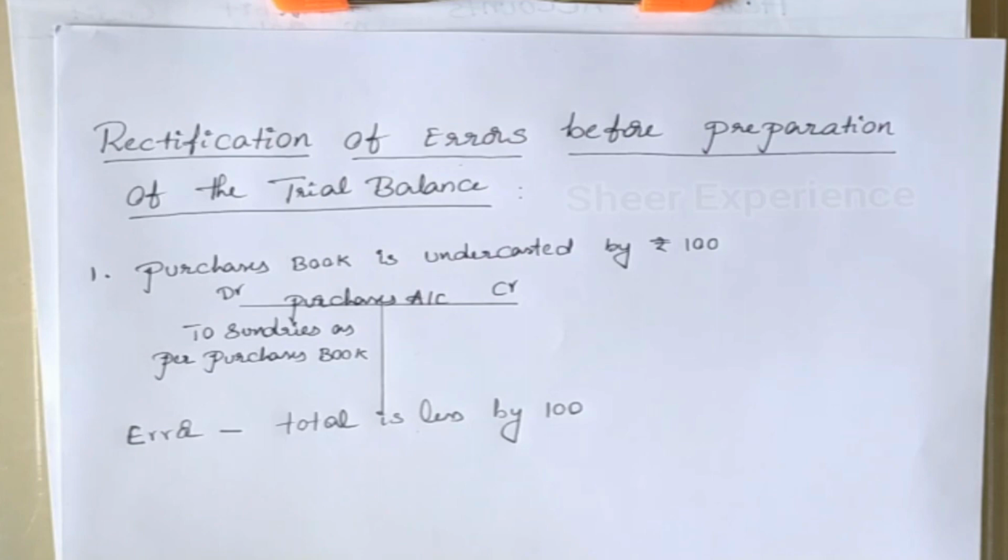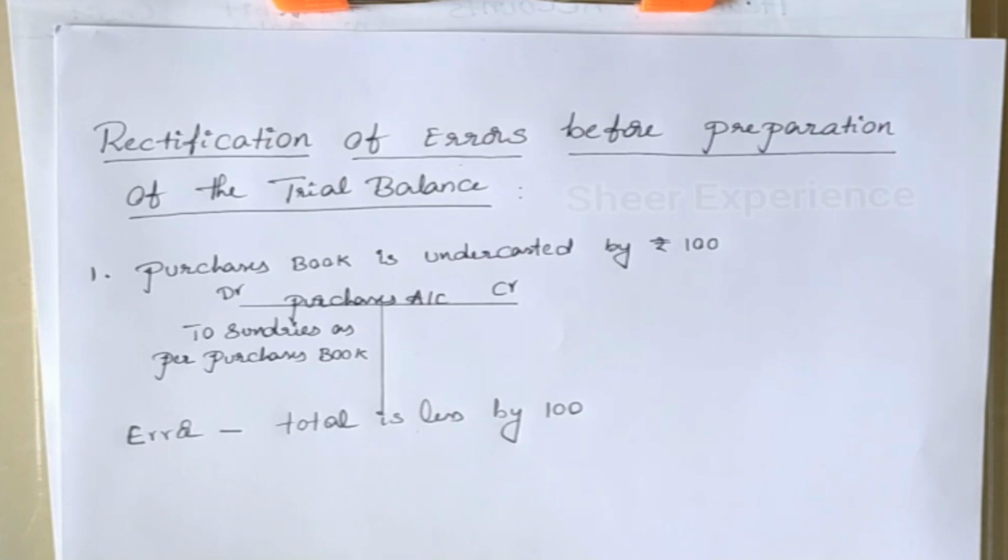In the transaction, they have not given the total balance of purchase book. For our understanding, let's assume that the total of purchase book is 200. Now the error is the amount is undercasted by 100. Instead of recording 200, we have only recorded 100.